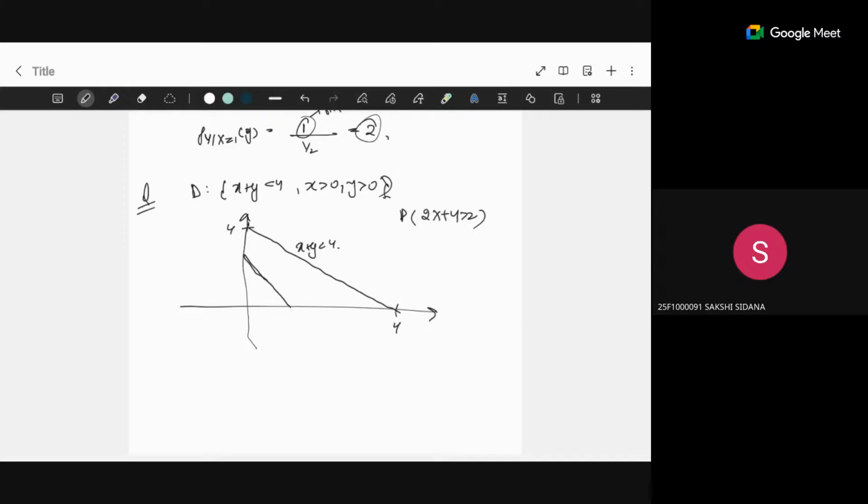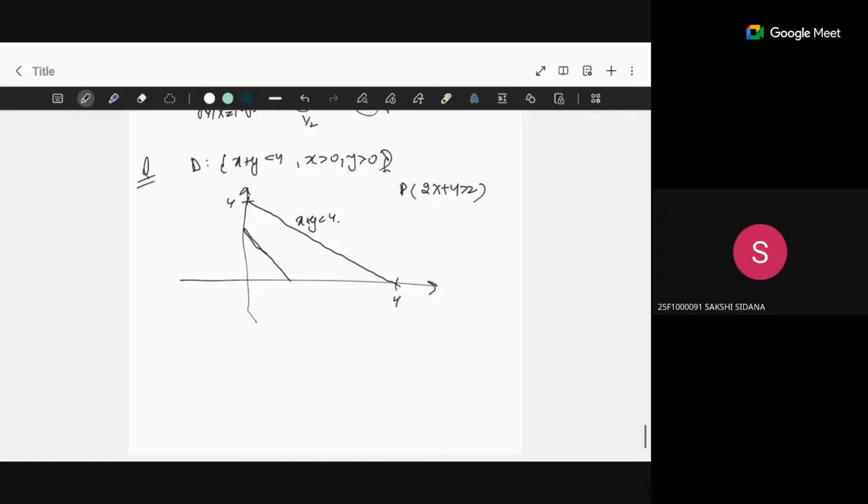Can you repeat once again? What's your doubt? Ma'am, the way you shade the region, if it comes x less than y, x greater than y, and x plus y less than 4, how do you decide to shade that part of the inequality given?